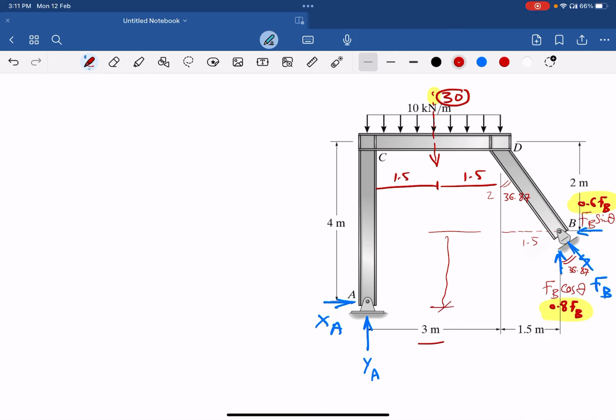Let's do that, but before, let's get the dimensions that we have here. How much is this dimension? It is 4 minus 2 meters, it is also 2 meters. Now we are ready to start making our calculations.